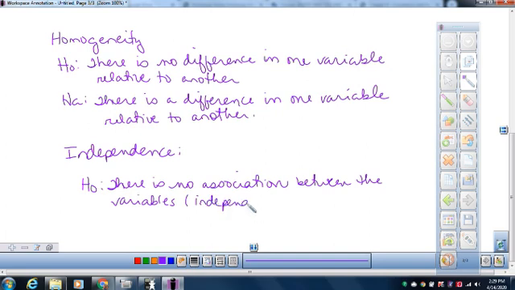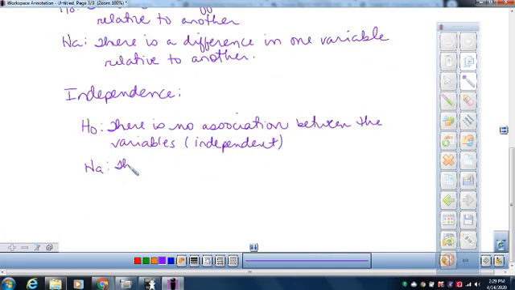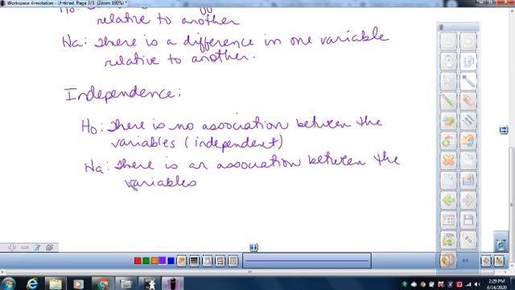One doesn't affect the other. That's what you assume is true unless you prove otherwise, and therefore the alternative is that there is a relationship or an association between the variables. Or they are dependent.